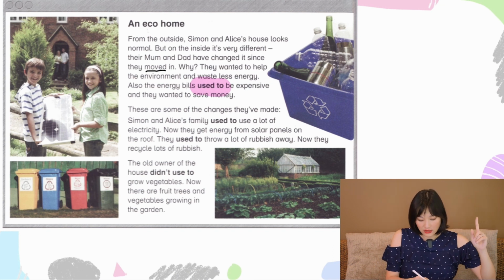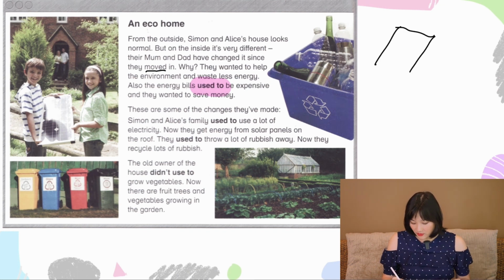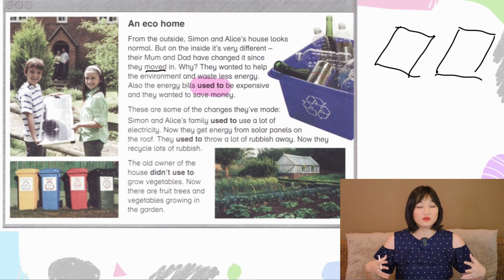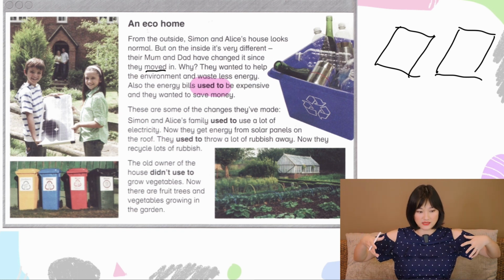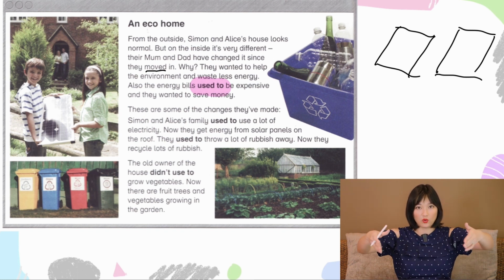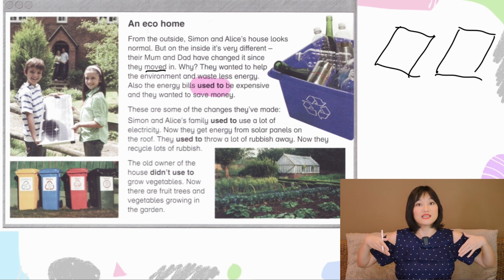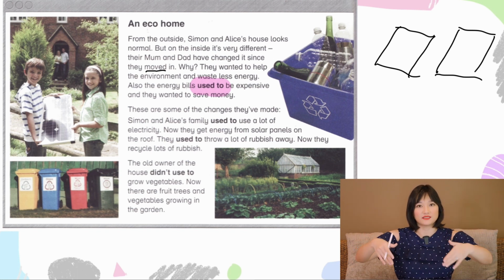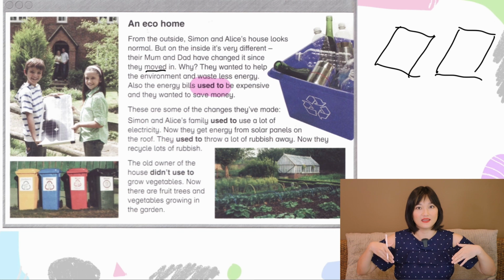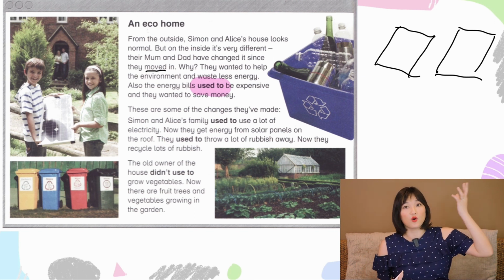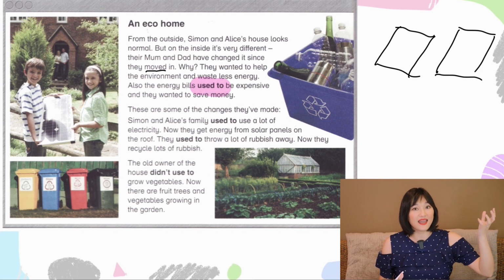Solar panels, it's like the panel means something like this. A panel of meeting, people sit at a square or a rectangle table and they discuss. So it's a panel, right? And solar panel means the solar, or the energy from the sun.